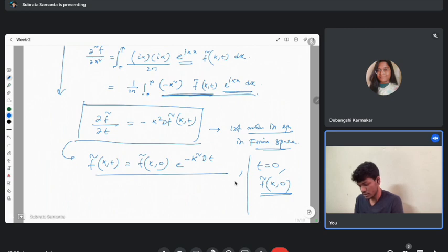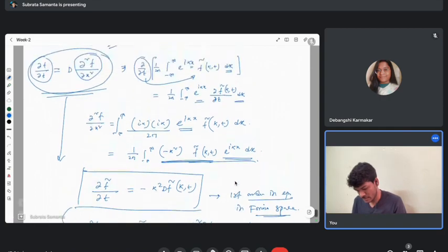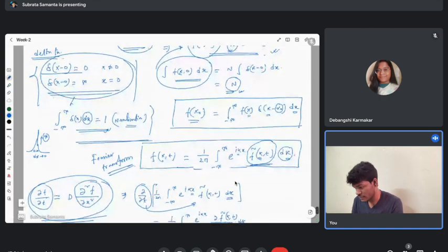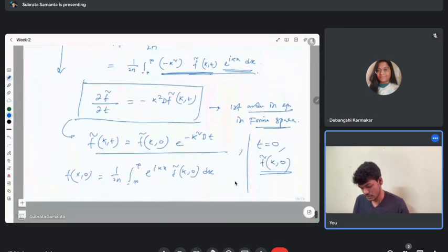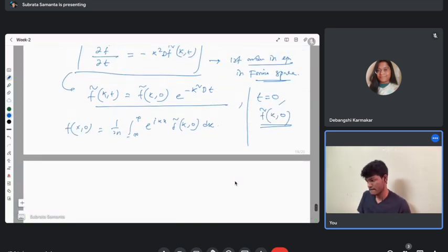So we put that f(x,0) is 1 over 2 pi, integral from minus infinity to infinity, e to the power ikx, f tilde(k,0) dk.